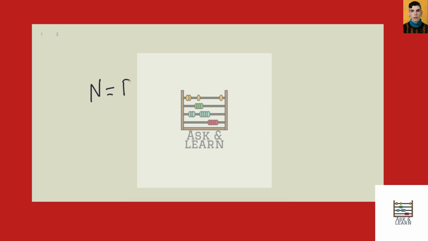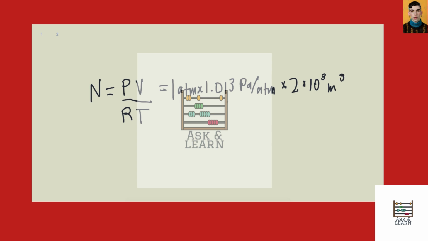N equals PV over RT equals, oh, so much room. 1 ATM times 1.013 pascals per ATM times 2 times 10 cubed meter cubed, all divided by 8.31 joules per mole Kelvin times 15 C plus 273.15.